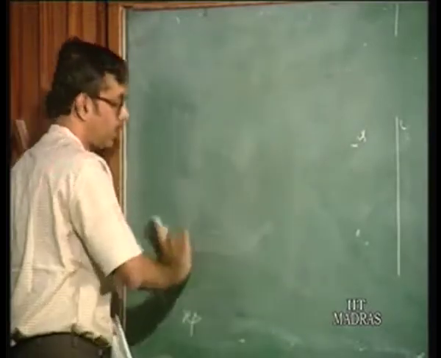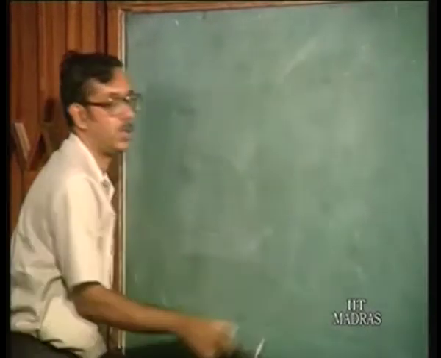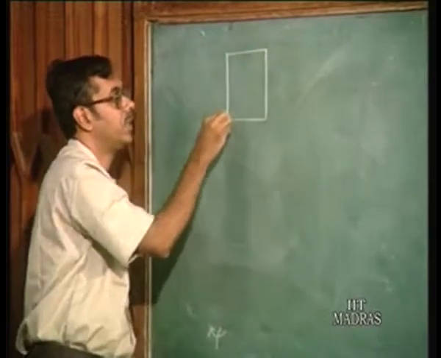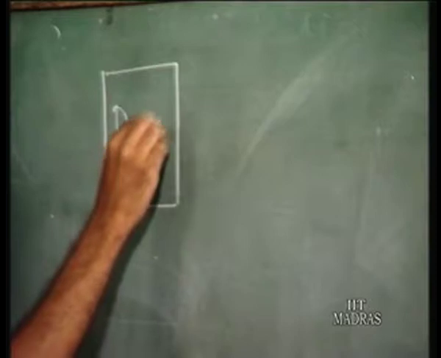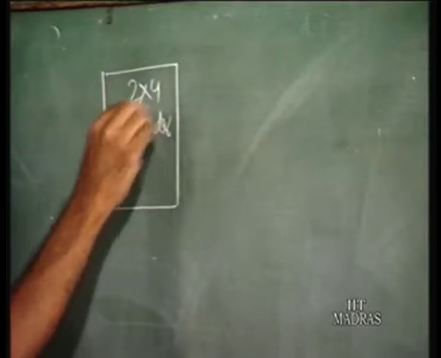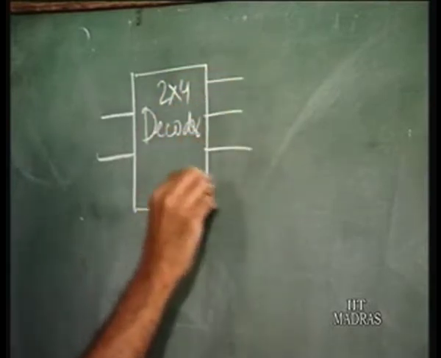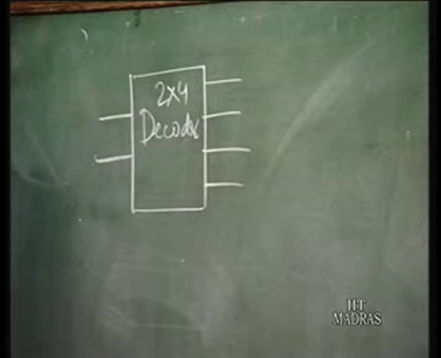The circuit I was talking of is a decoder. I think you know what is a decoder. Say a very simple 2 into 4 decoder. It has 2 inputs and 4 outputs. And you know that if there are n inputs, you will have 2 to the power n outputs.